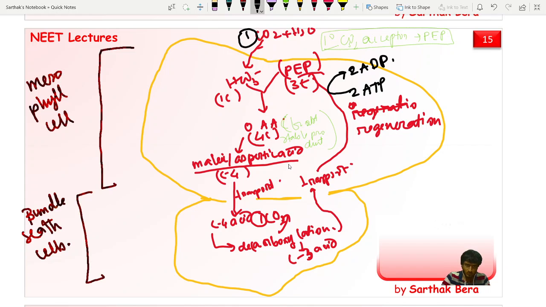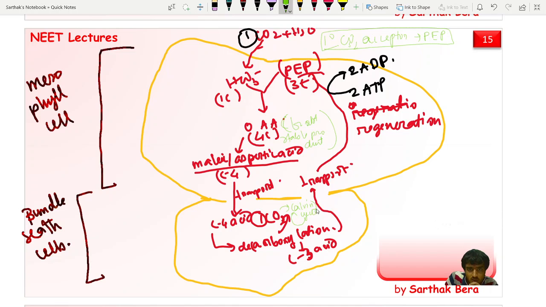Okay, so let me come to the bundle sheath cell. So in the bundle sheath cell, CO2 is popped out, and this CO2 here goes to the Calvin cycle.